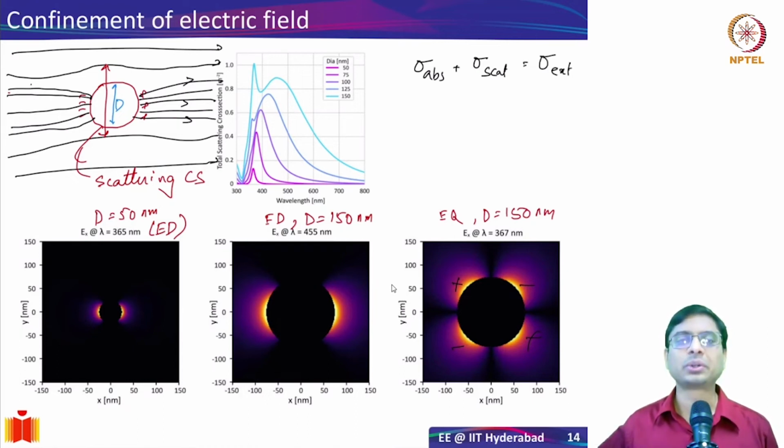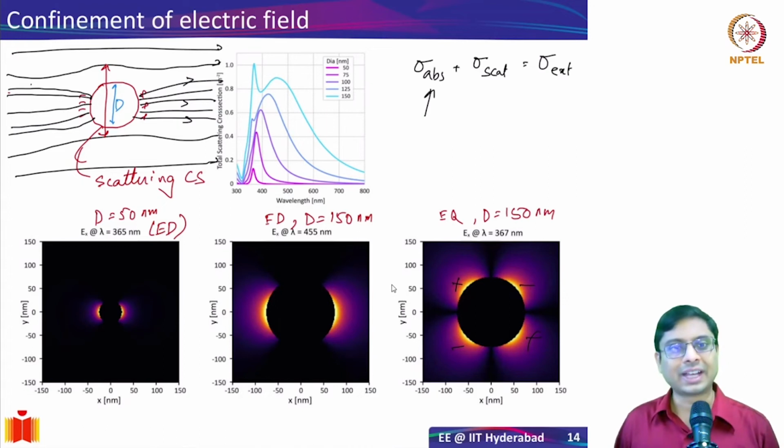Extinction is the total amount of energy that is lost. Absorption plus scattering is called extinction. If I specifically look at the absorption cross section, I'll see that it is not that significantly broadened, but the scattering losses are high, and therefore the resonance is becoming broader. This is as the size of the nanoparticle increases. What happens as you reduce the size of the nanoparticle?